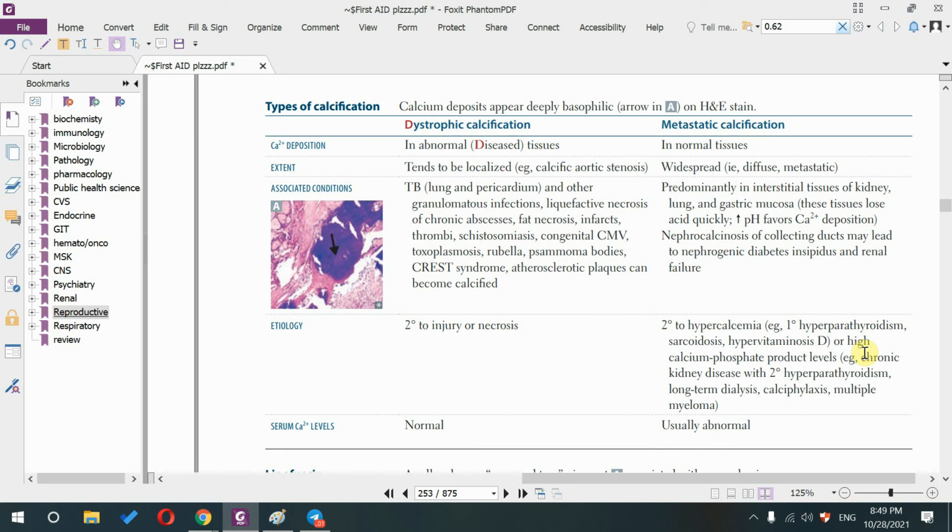Okay, with secondary hyperparathyroidism, let's think about it. When someone has chronic kidney disease, of course he will have a higher phosphate level, but his calcium level is kind of tricky. It will be increased, but not because of the kidney disease, actually that can decrease the calcium.